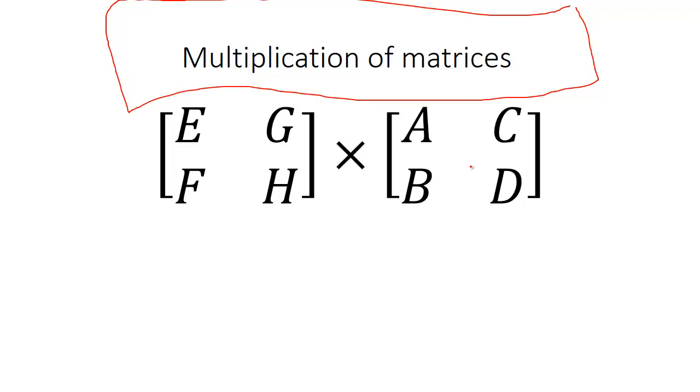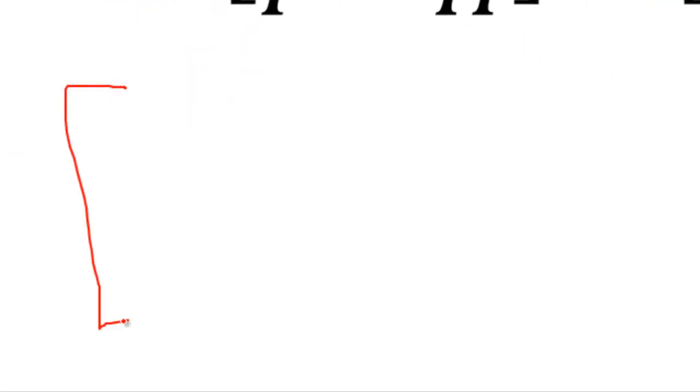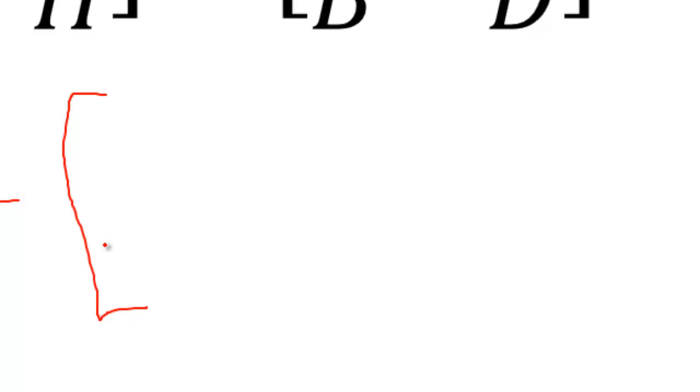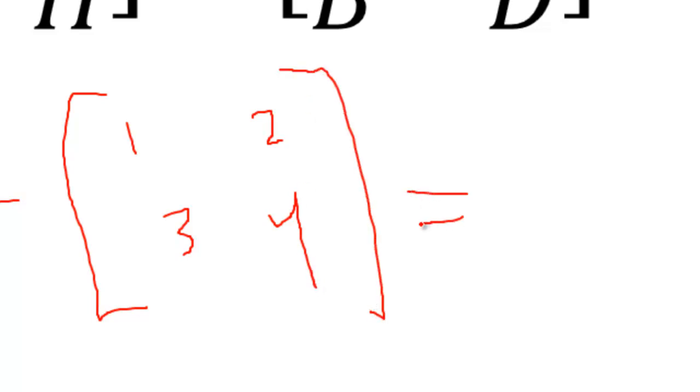Like the addition, which has one condition to be done, like this matrix 1, 2, 3 plus this one.